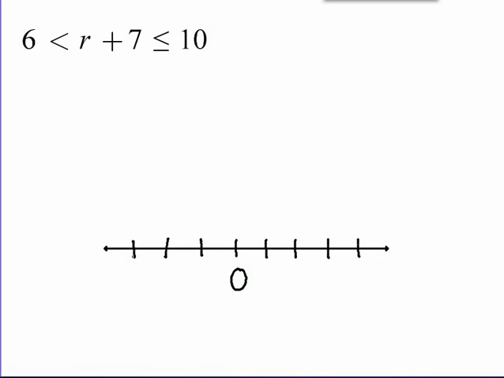Kelly, you got it done? Okay, could you just solve the inequality? So, when all is said and done, okay, good.